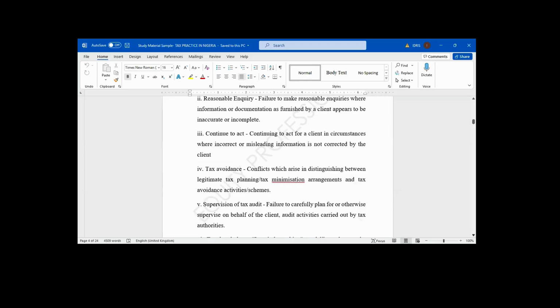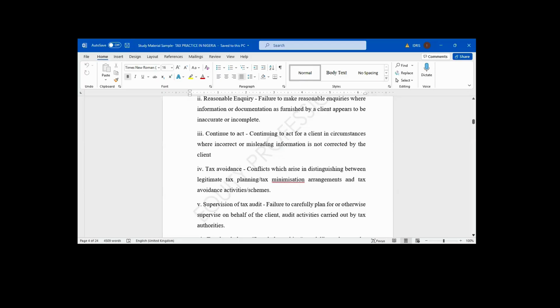As a tax practitioner, one of the key values of your profession is integrity. Don't be the one advising your client on how to engage in tax evasion. You know it is against the law. Once you do that, if the law catches you, you too can be arrested.